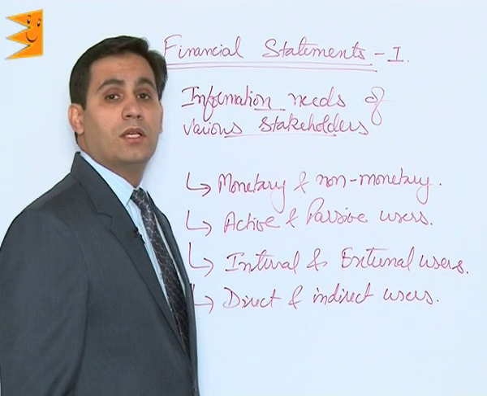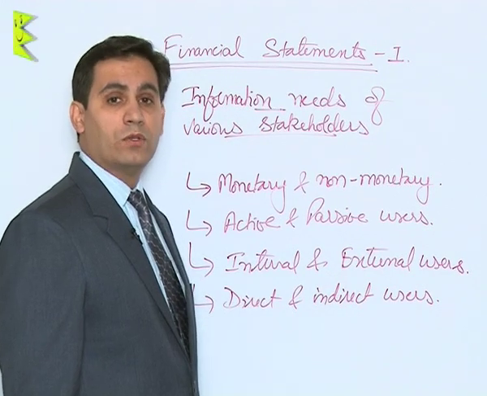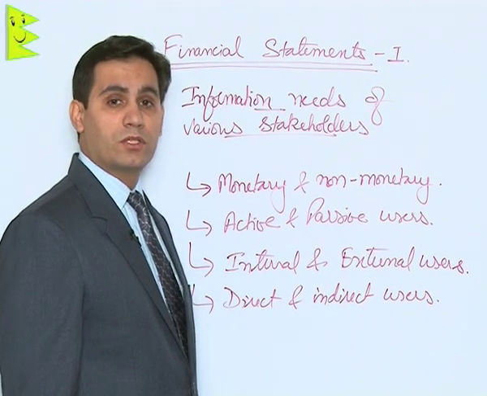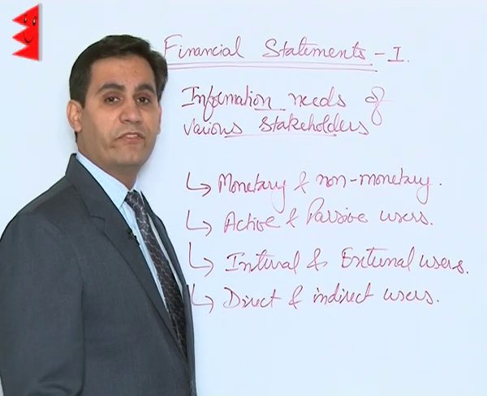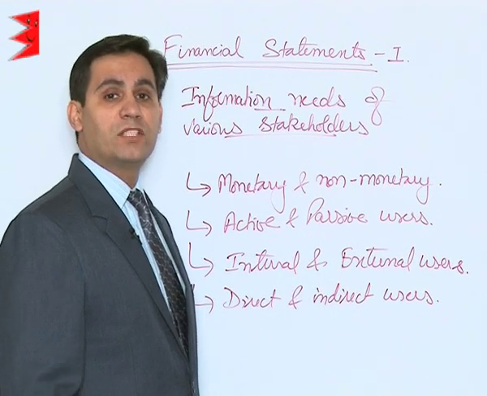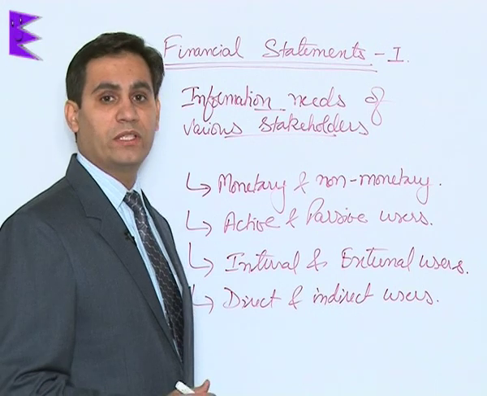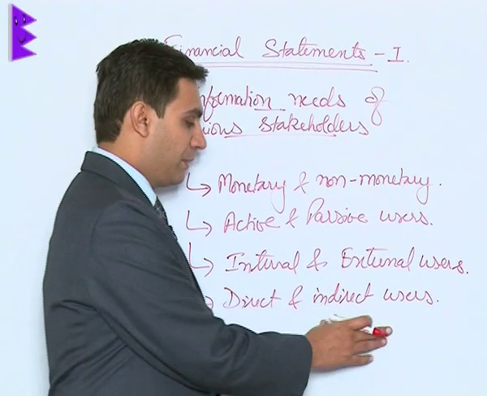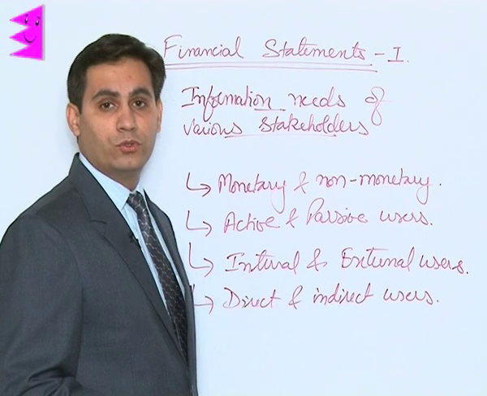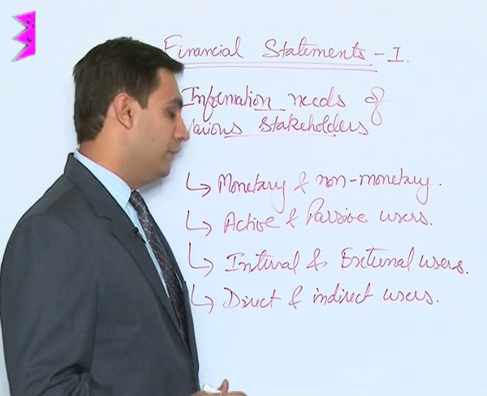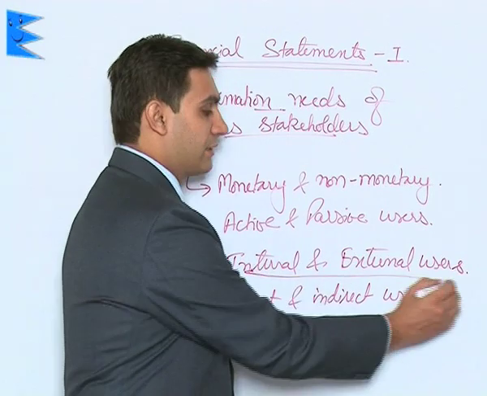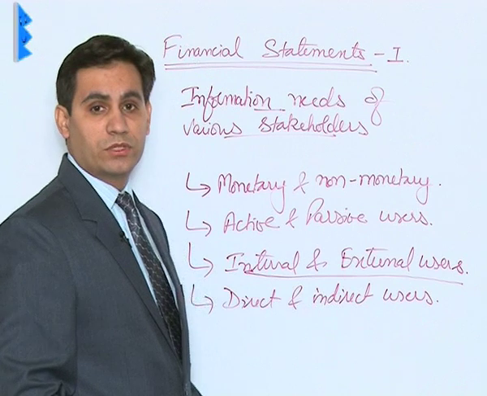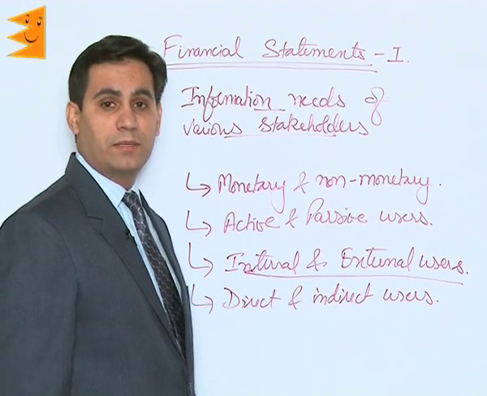Indirect users like researchers, fellows or chambers of commerce who use these results to derive more meaningful results for the economy as a whole or for the industry as a whole. Such people come under indirect users. But broadly, we are going to study about external and internal users. So let us come to this concept.